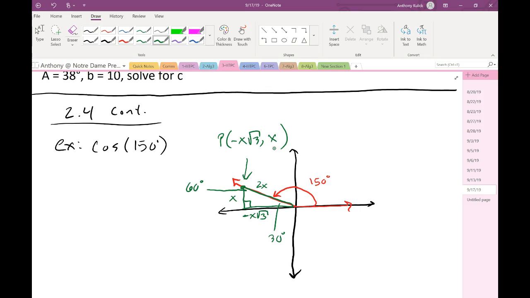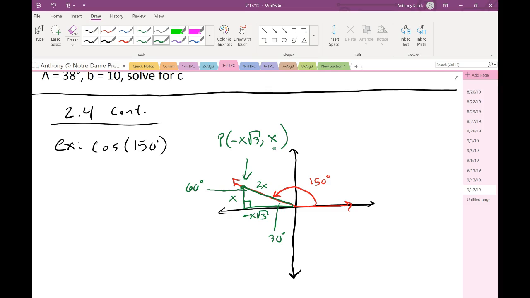Can we see that? I know it seems kind of counterintuitive to label a side length of a triangle negative, but we're just using that reference triangle as a visual to connect our ideas of right triangle trig to this new point definition for trigonometry.